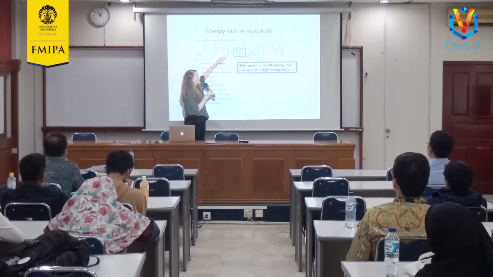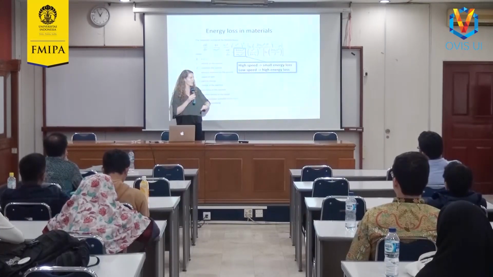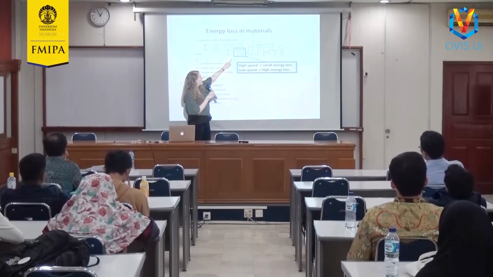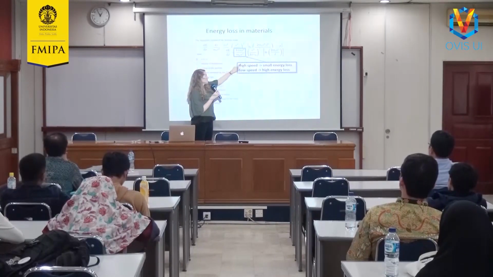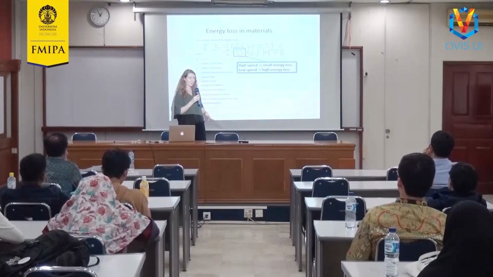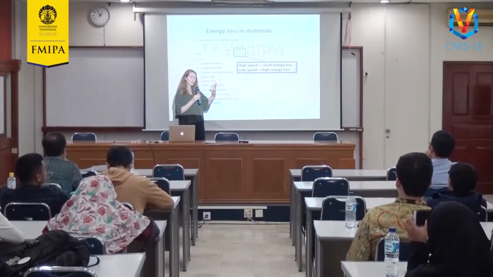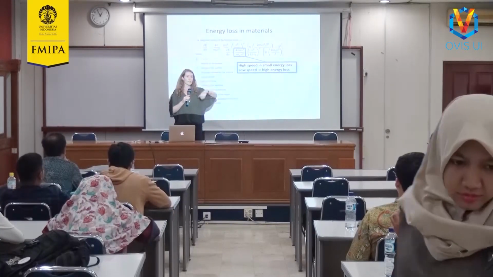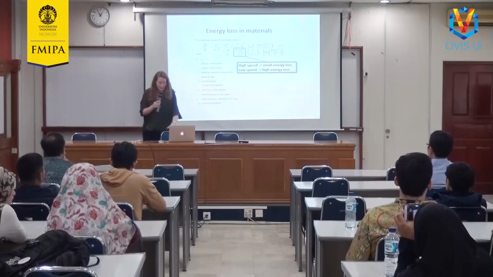The dE/dx, the energy loss per distance as you travel into the material, is inversely proportional to the square of the velocity. So when the protons are traveling at high speed, there's a small energy loss. At low speed, they have a high energy loss, and that's what gives you that characteristic Bragg peak that we saw on the previous slide.